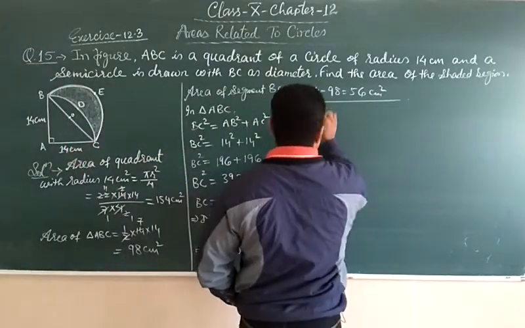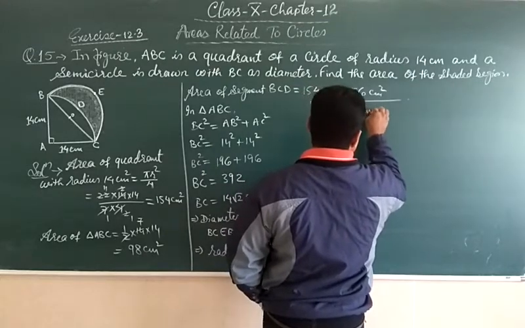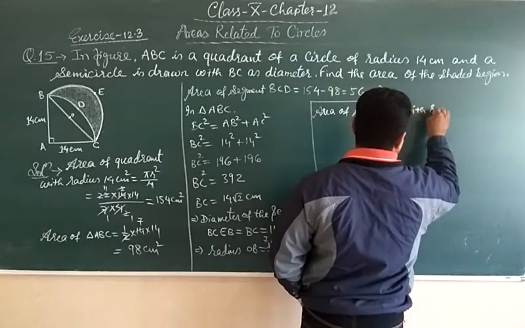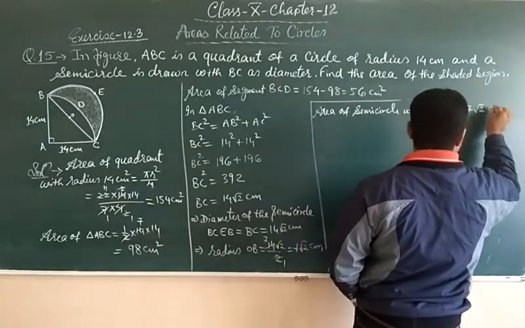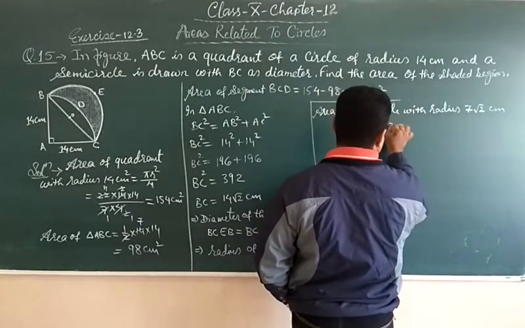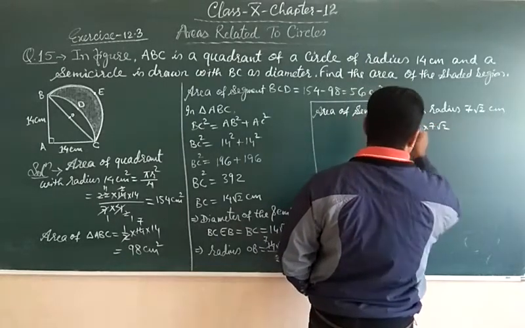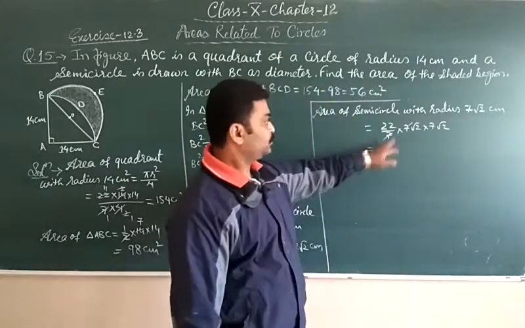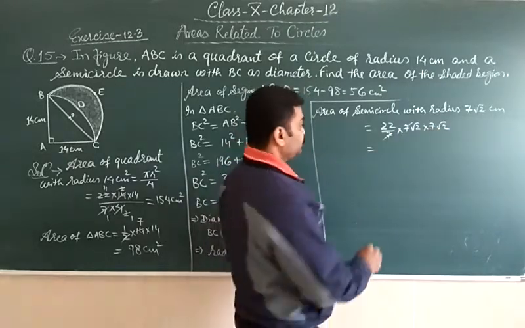Now the area of the semicircle with radius 7 root 2 centimeter is equal to pi r square, that is 22 upon 7 into 7 root 2 into 7 root 2, 7 cancels, 22 into 2 into 7, that is 14, 22 into 14.